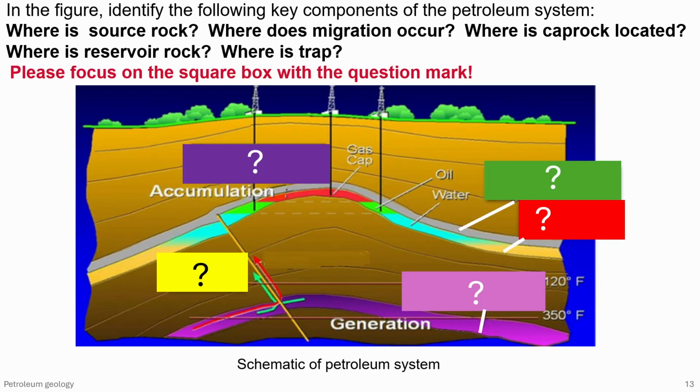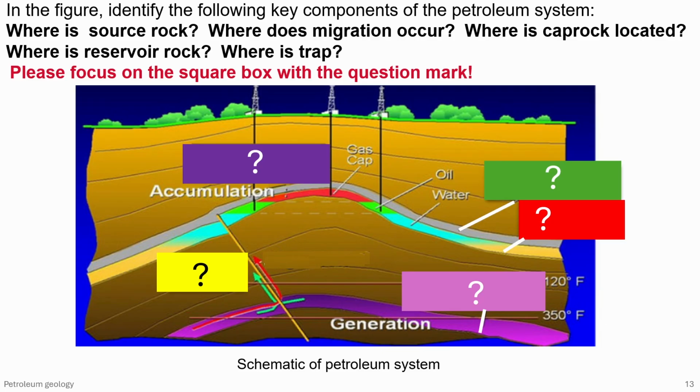This is a very useful summary slide. In the figure, I asked you to identify the source rock, migration, trap, caprock, and reservoir. This is a great way to test whether you understand the petroleum system as an integrated concept.